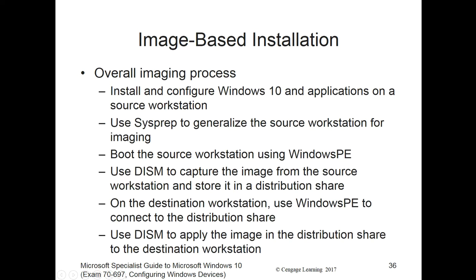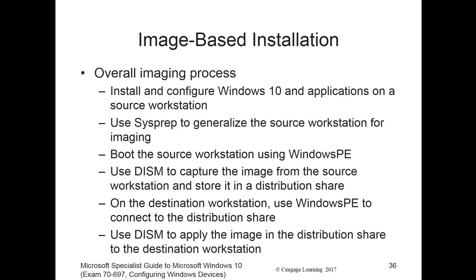The overall imaging process: install and configure Windows 10 and applications on a source workstation. So you get that workstation configured the way you want it, with updates. That's not something that we got listed here, but with all the updates, so that once it's installed, it's all updated.